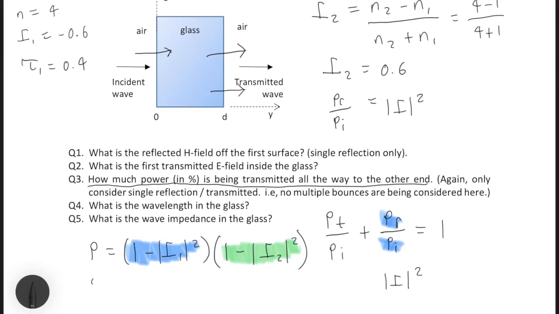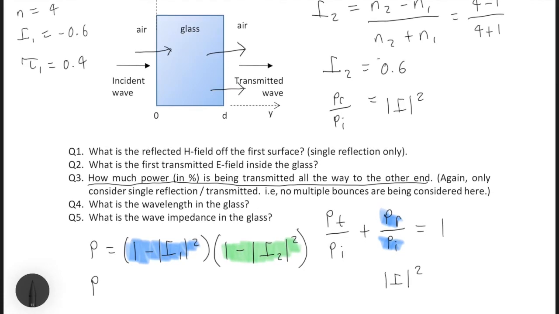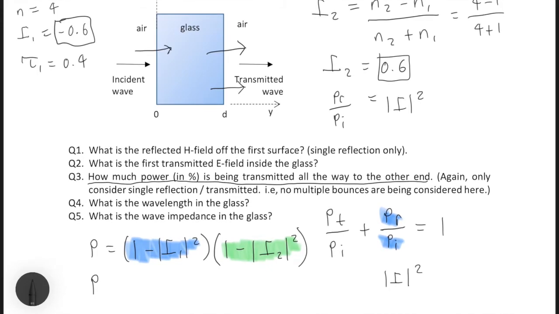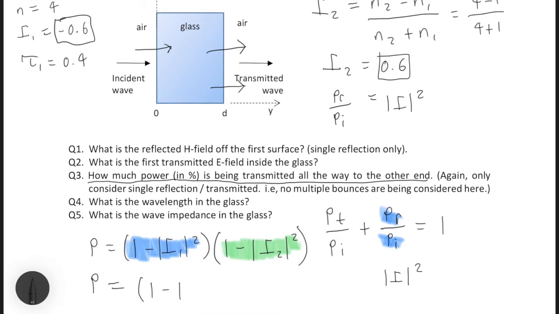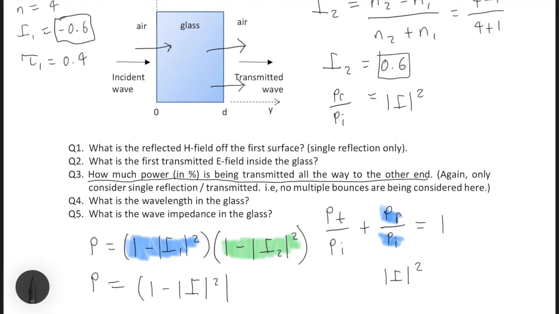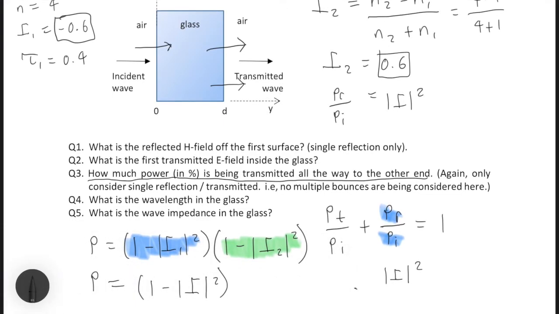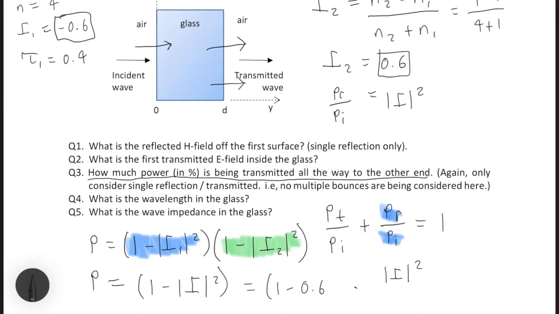And because they're absolute valued, we don't care if our gamma is 0.6 or negative 0.6. They're essentially the same value for us. So what we can do is combine them together. We get 1 minus the absolute value of gamma squared, squared, and that comes out to 1 minus 0.6 squared, and then squared again.